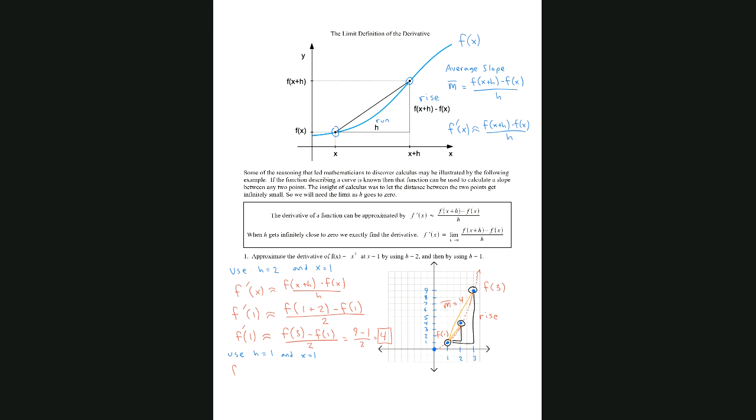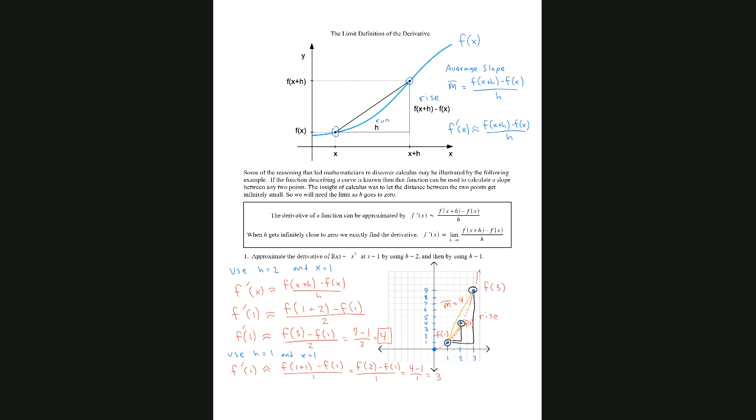So f prime of 1 can be approximated by f of 1 plus 1 minus f of 1 over 1. That's f of 2 minus f of 1. And this right here is f of 2. That's going to be 4 minus 1 over 1, which is 3.